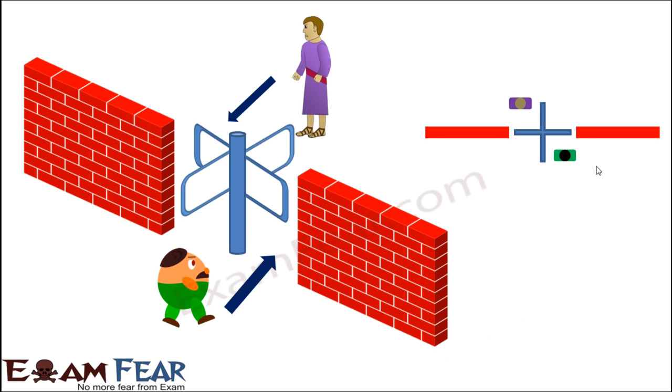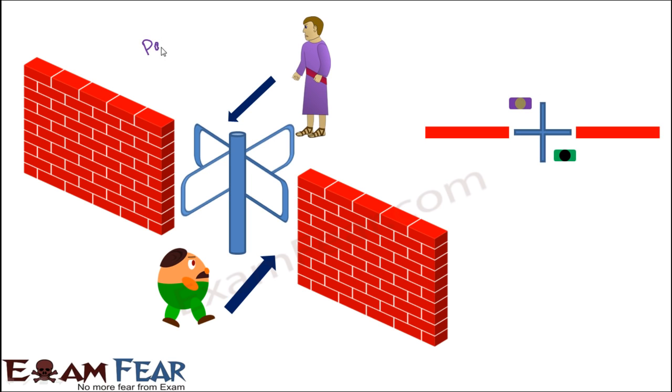Have you ever been to a park or a museum or any such place or even a hotel, where you have a rotating gate of this fashion. I'm sure you would have seen this type of gate somewhere or the other. So what happens in this type of rotating gate? Now if you see, this person wants to come inside and this person wants to come out of the park.